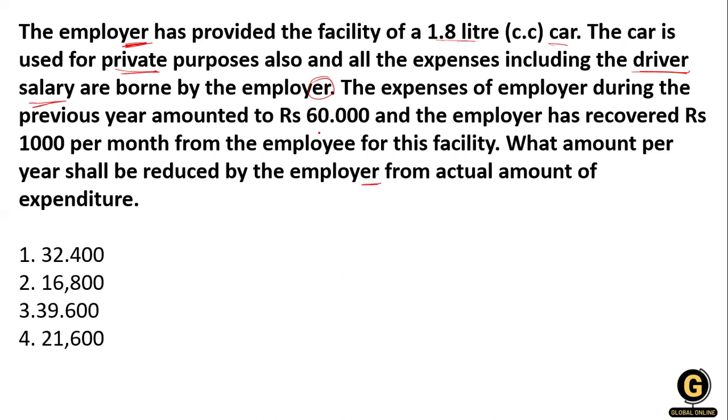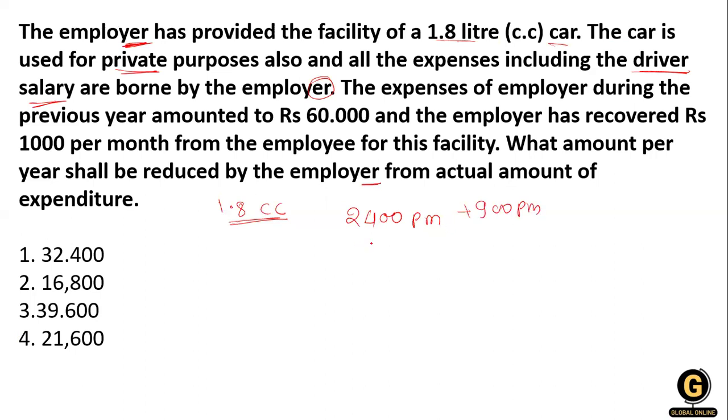Okay, so how do we calculate it? There is already a pro forma given. For this 1.8 liter cc, the perquisite allowed is 2,400 per month, along with the driver fees, which is 900 per month.